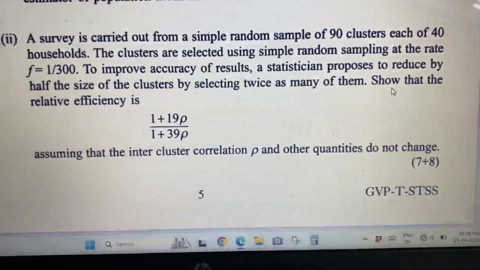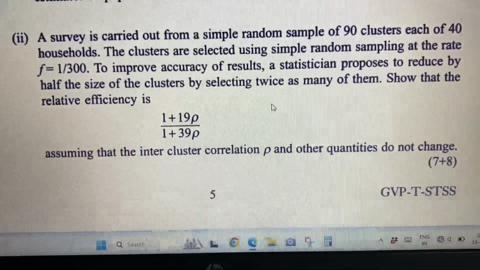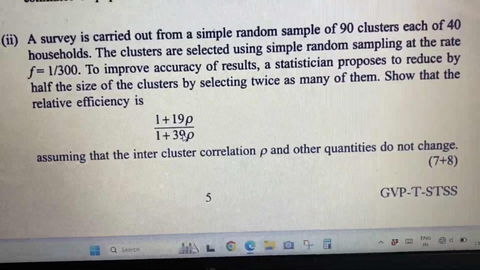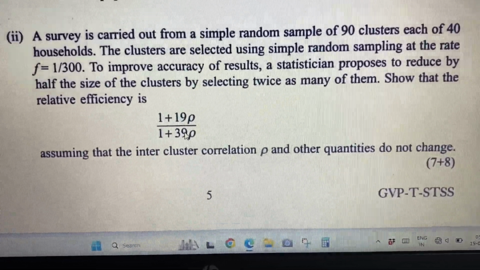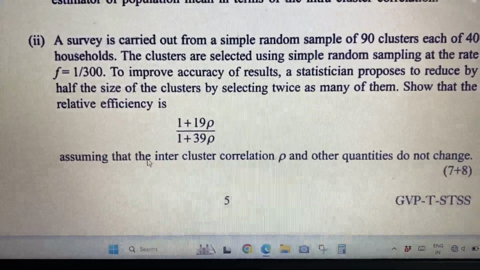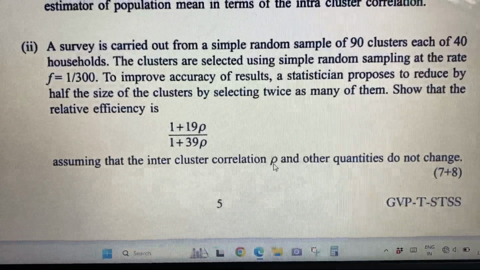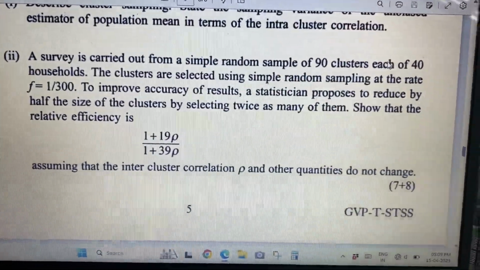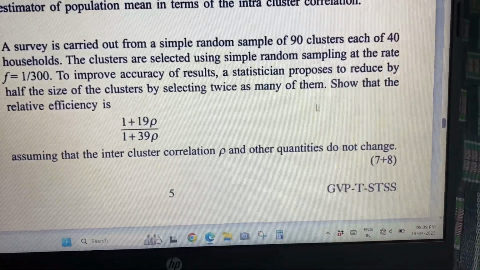Now what we need to do is show that the relative efficiency is this. Efficiency is basically the ratio of the two variances. We need to show that the relative efficiency is this, assuming intra-cluster correlation rho. We have proved this formula in the first part, and other quantities do not change.